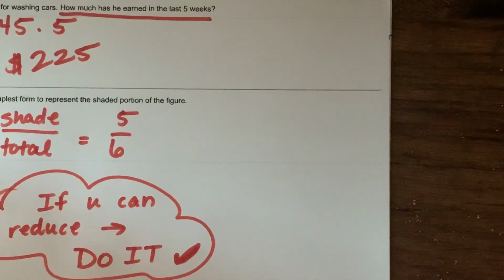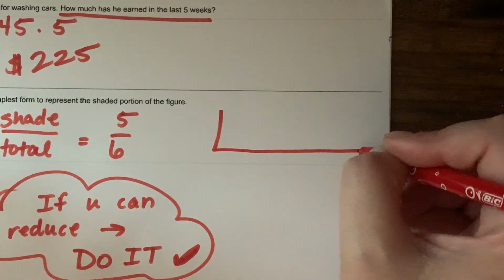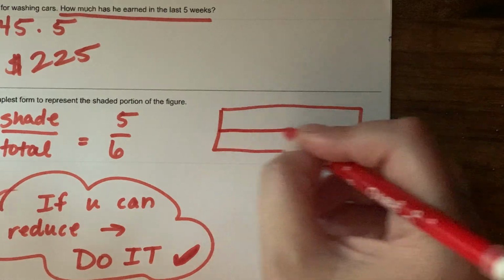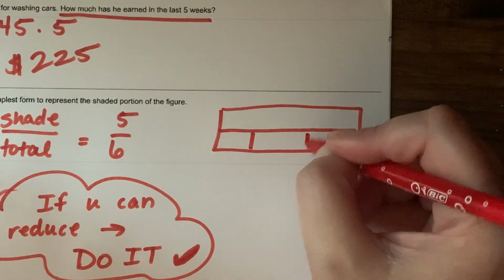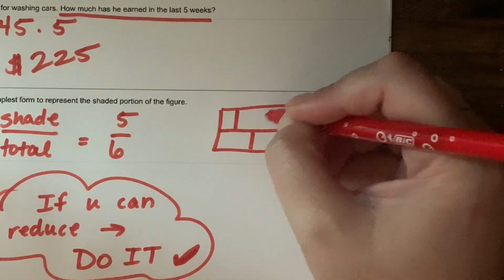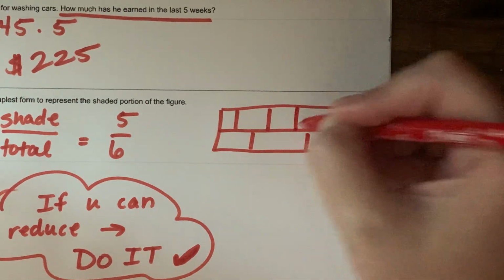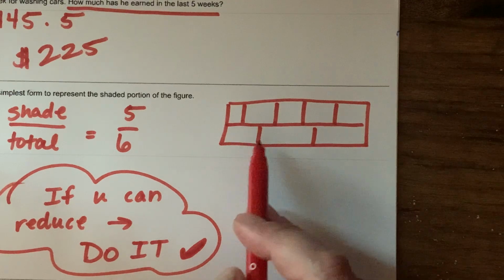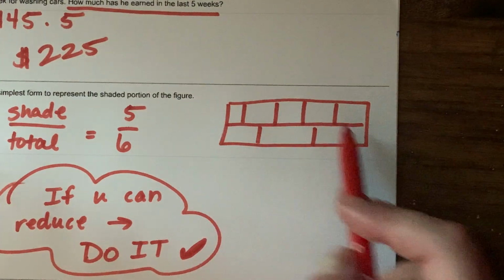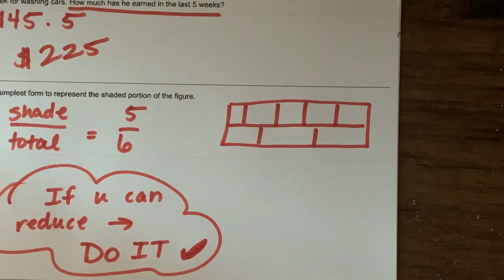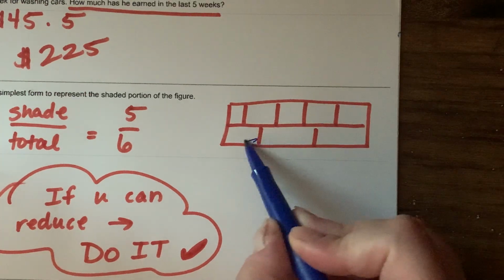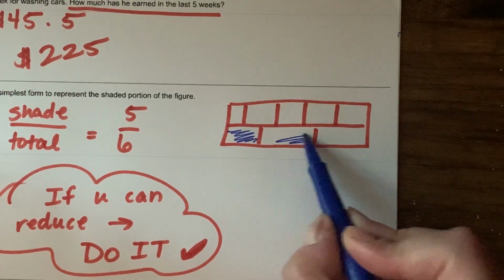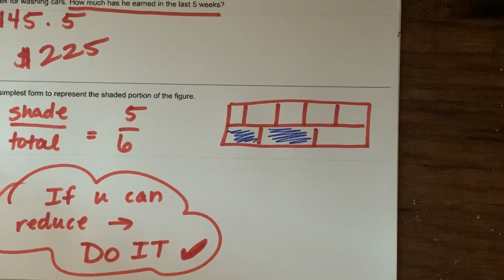On your test, make sure the shapes are equal lengths. And what I mean by that is something like this. Let's say 2 of these long ones were shaded.